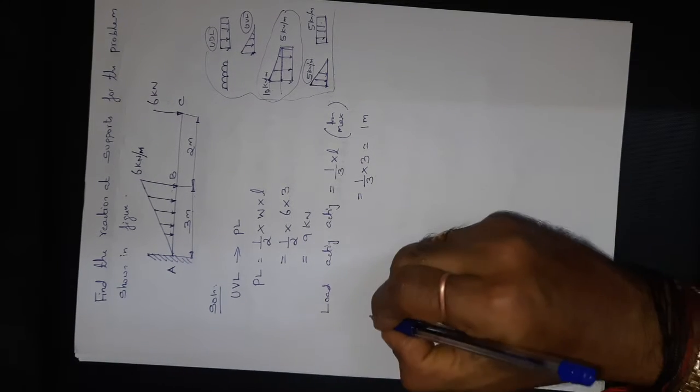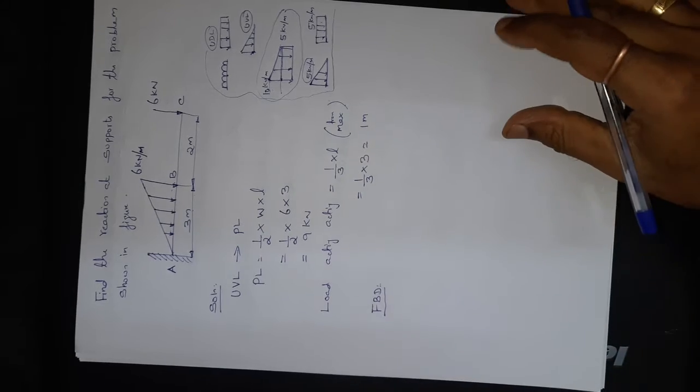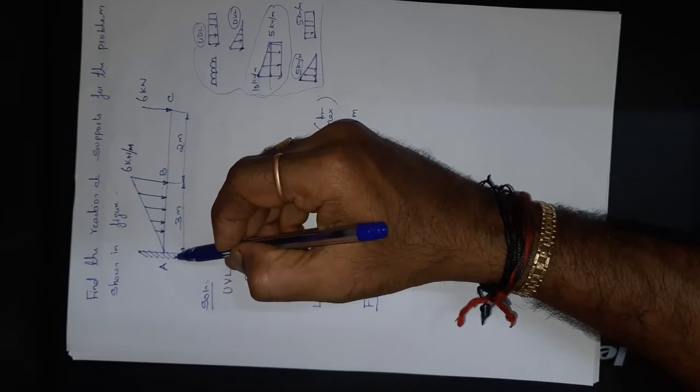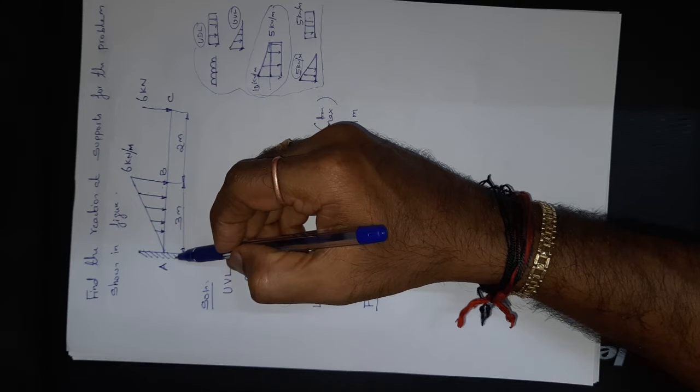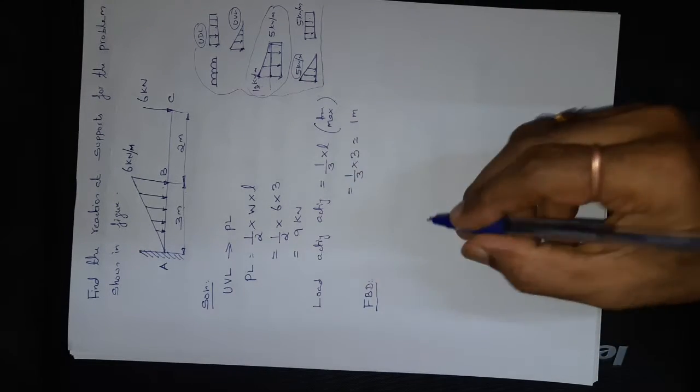Got it? So let me just draw the FBD here now. To start with the FBD, look at here, this is the fixed support, right? So the fixed support will have 3 reactions. The first one is vertical reaction, the horizontal reaction, and a moment, right?